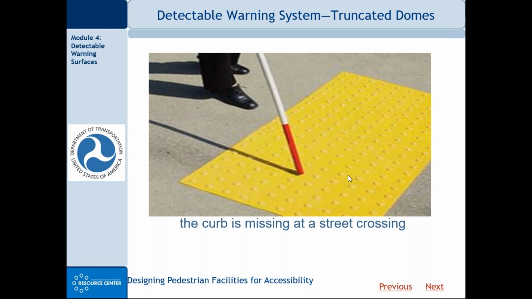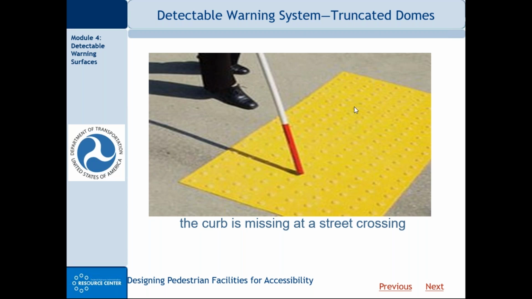This is a researched, scientifically developed surface. It's not just some random surface that appeared. It's designed to be detected by the tip of a cane by those who are blind. It's also designed to be detected underfoot by a low vision pedestrian who does not use a cane.